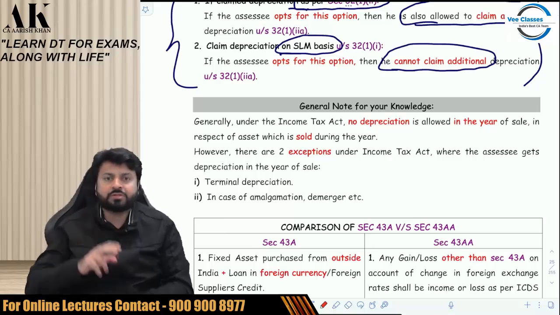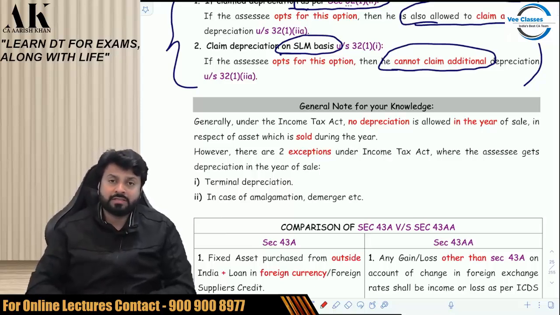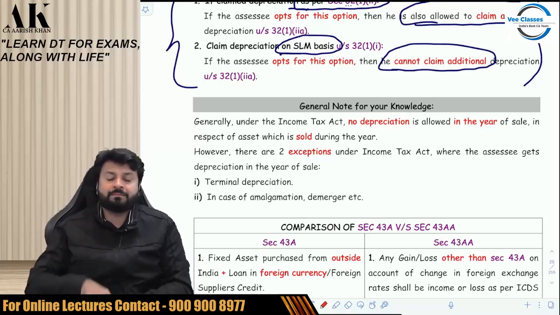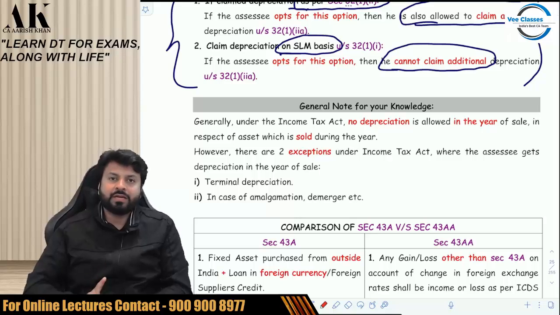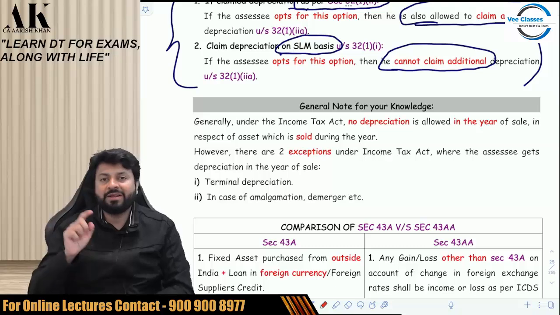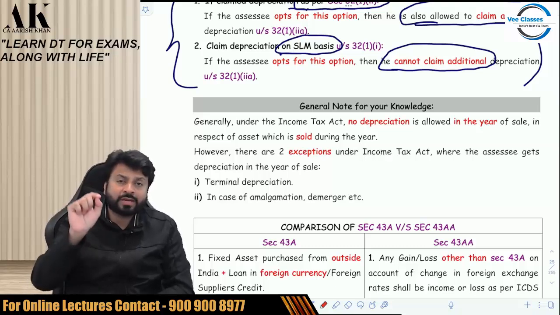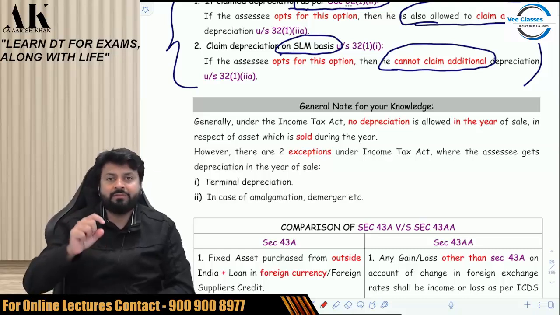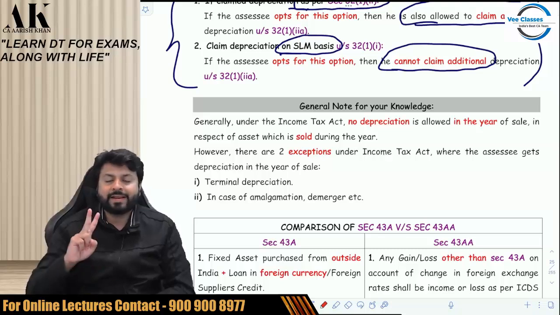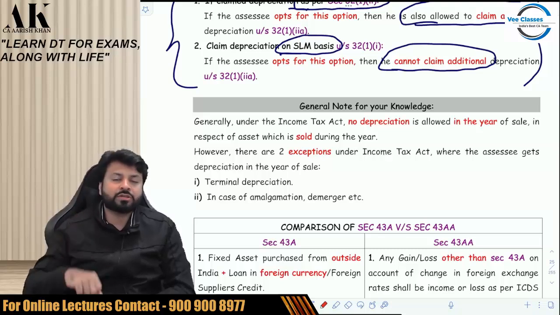But there are two exceptions where you get depreciation in the year of sale as well. Which are those two exceptions? Exception number one is just now what we have done, terminal depreciation. It is an exception where in the year of sale also you are getting some kind of depreciation. 50 minus 70, you are getting or not? Yes. And the second exception is the case of amalgamation.